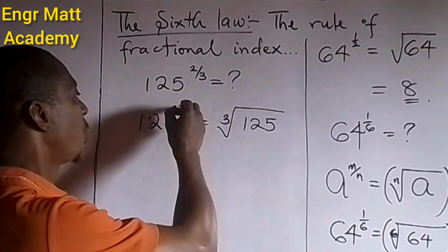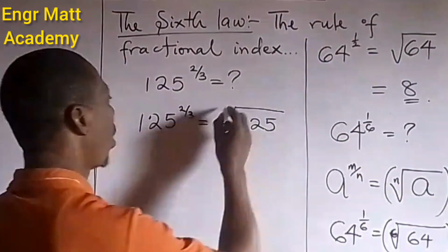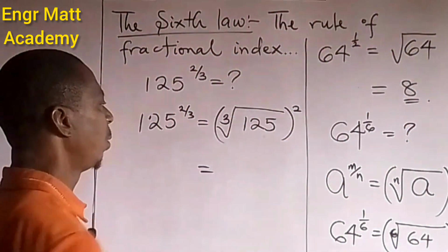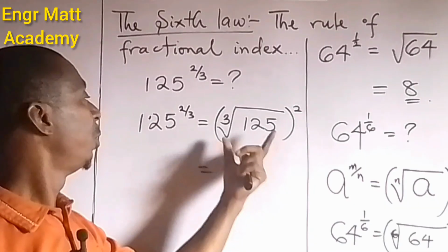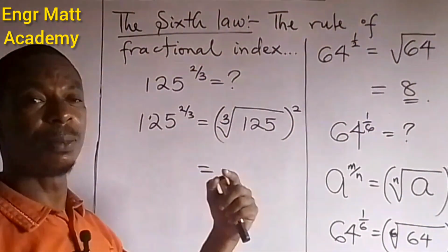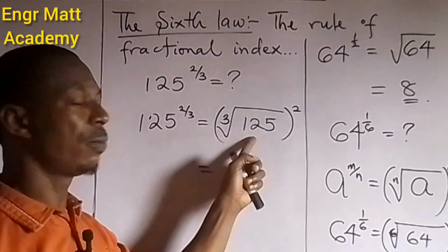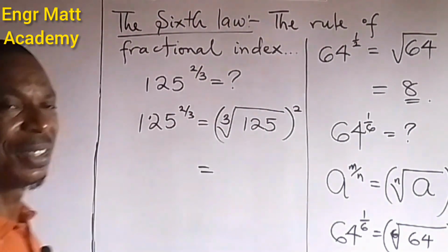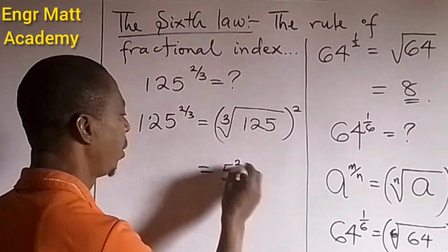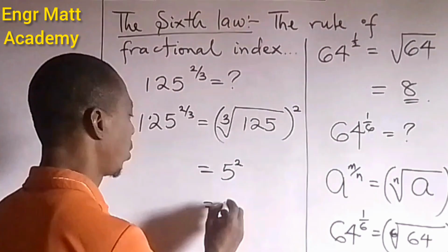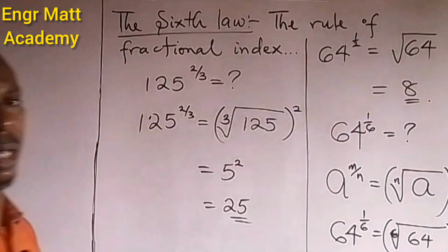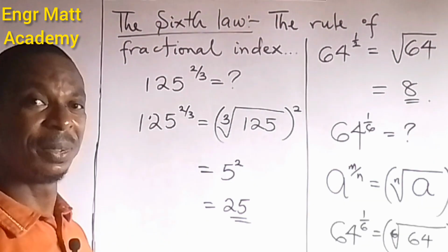And because the numerator is 2, the power is 2. Now, what is this saying? The cube root is asking, what number will multiply itself 3 times to give 125? That number is 5. And the square, this will give us 25. 5 squared is 25. Is it getting clearer now?